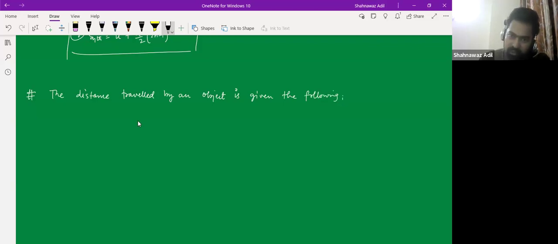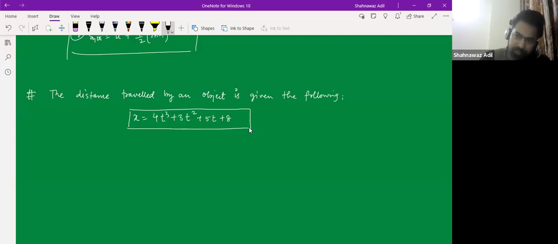Right, so x is, let's say, 4t cube plus 3t square plus 5t plus 8. Right, so this is the distance.